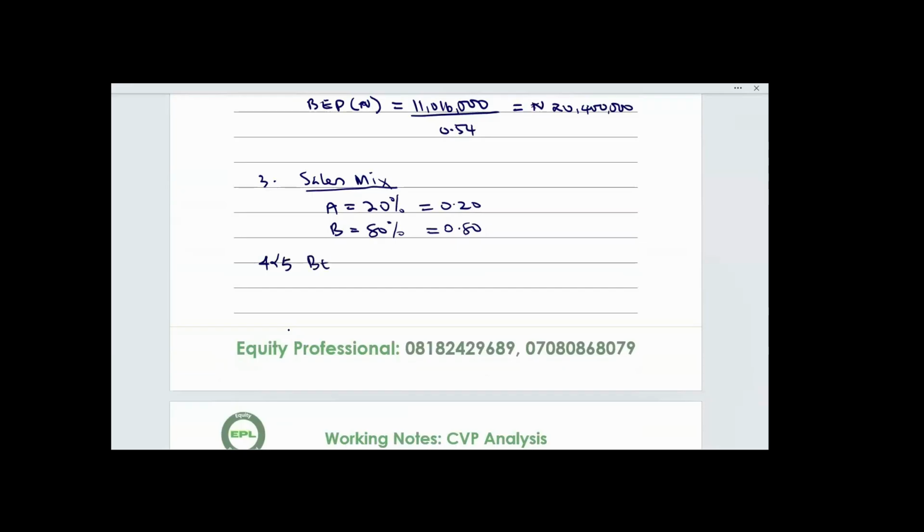So break-even points in Naira and units for each product. So we have products, sales mix, break-even points in Naira, selling price, then break-even points in units.